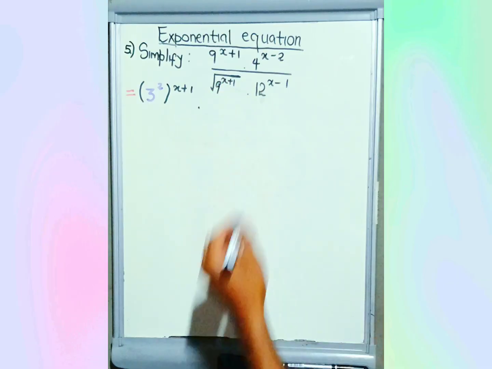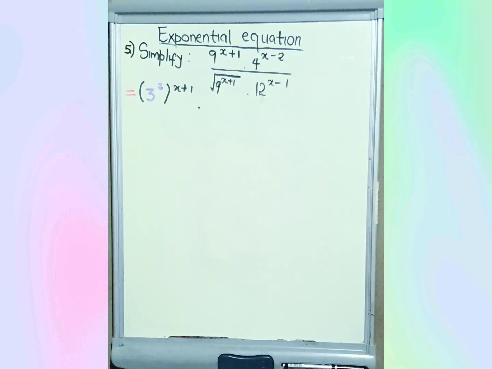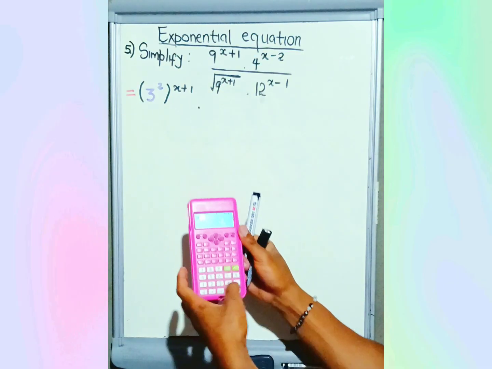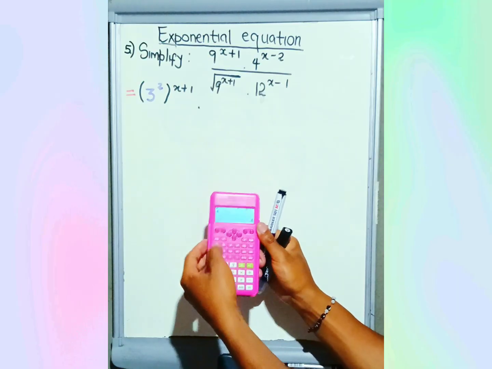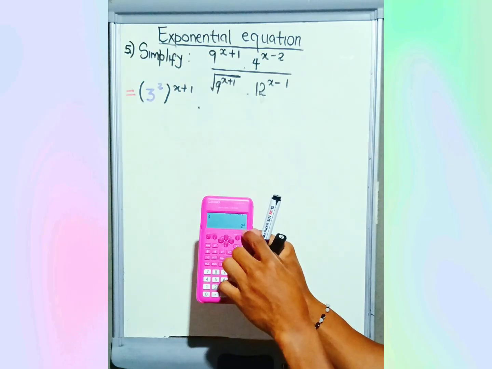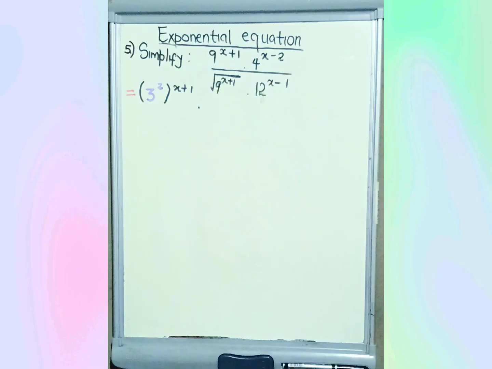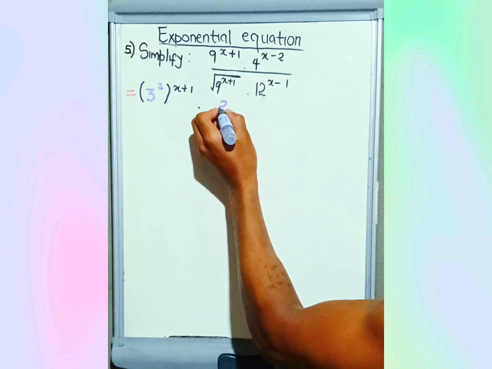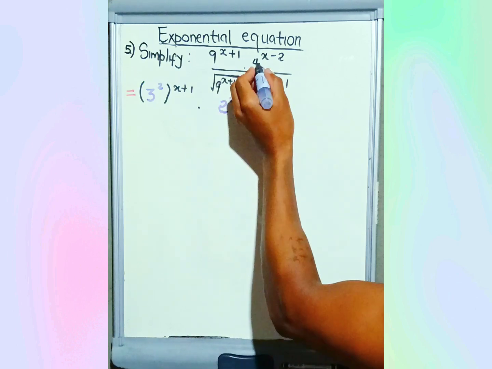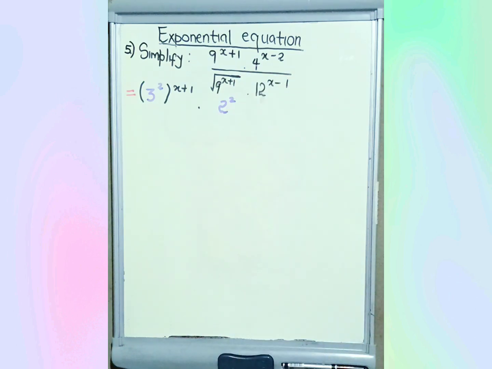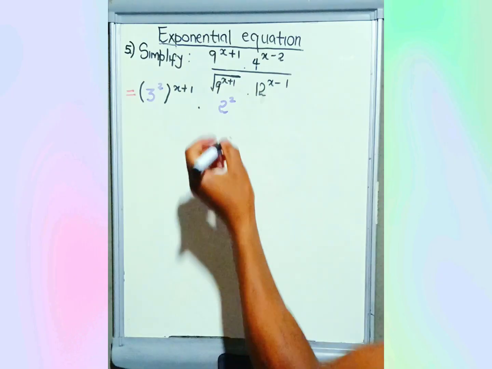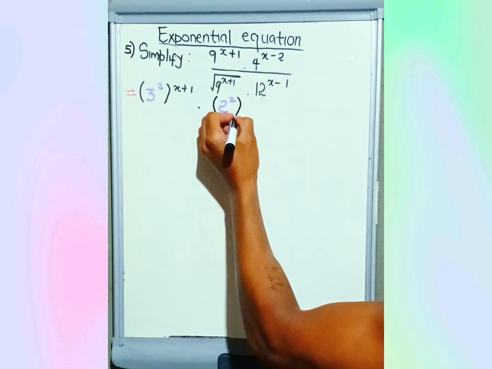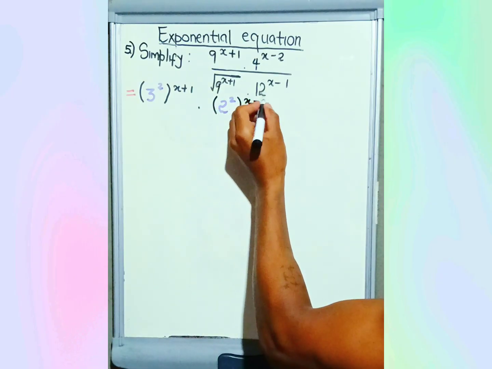Then you change 4. 4 equals, shift factor. The answer is 2 raised to 2, which is equivalent to 4. Then you put the exponent as it is.